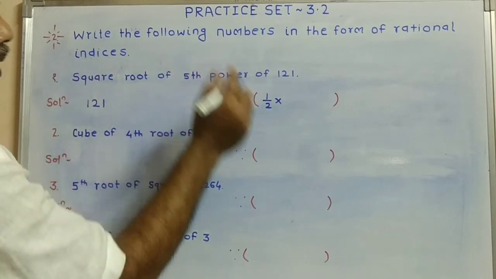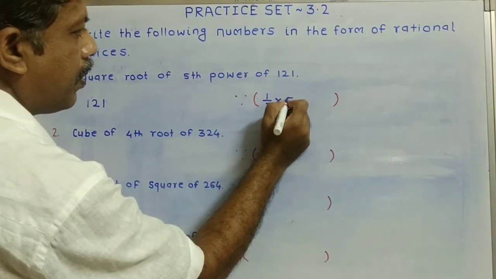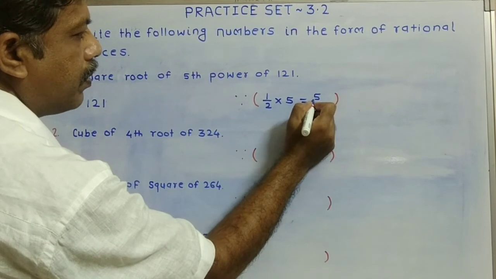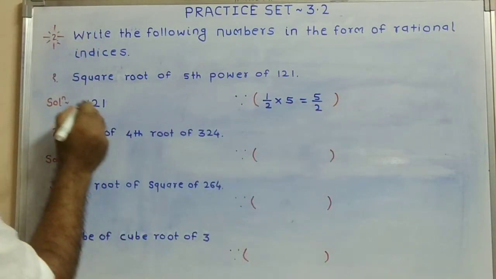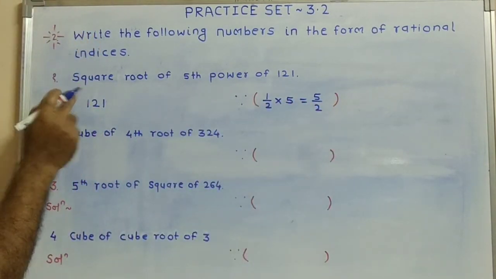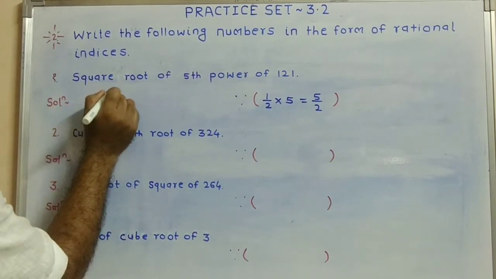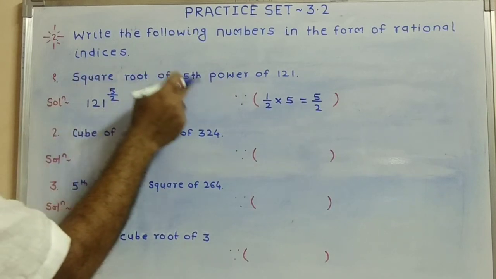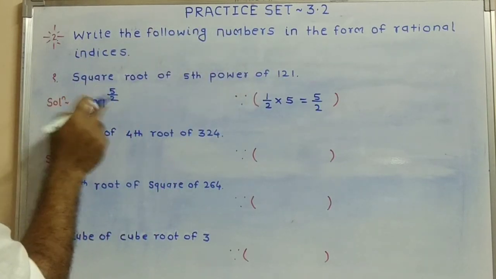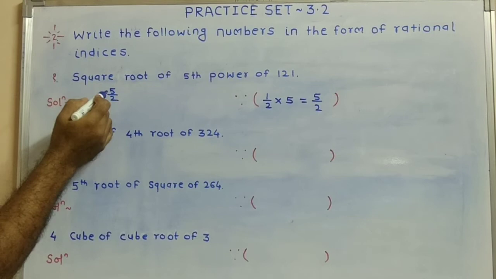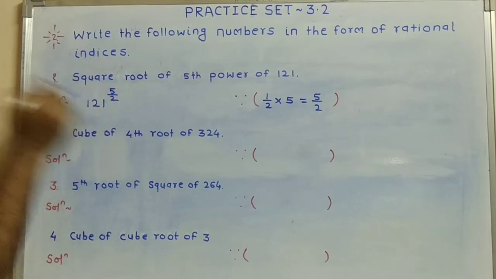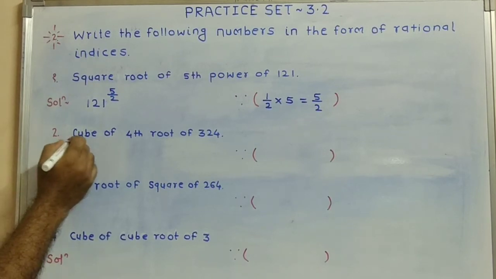Then take fifth power. Multiply 5 into 1, 5 divided by 2. Then which answer will you get? 121 to the power 5 upon 2. That is the square root of fifth power of 121.